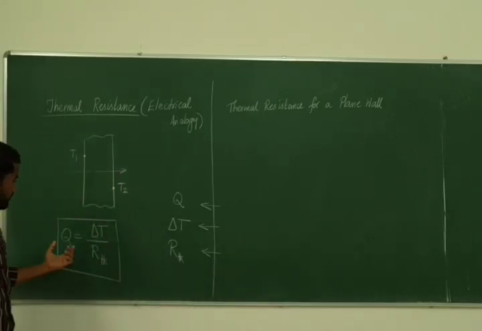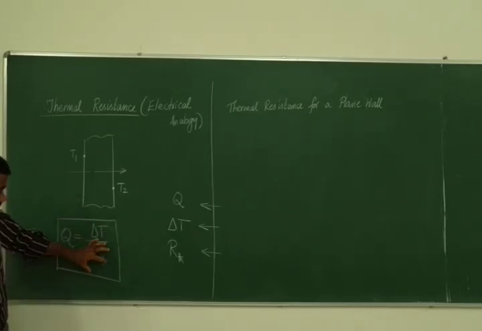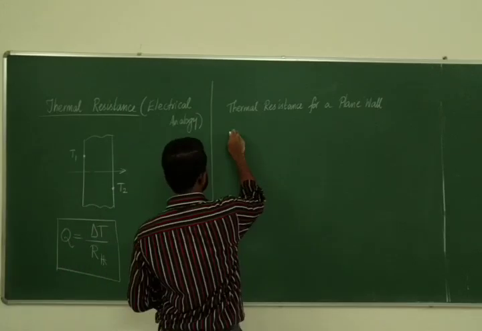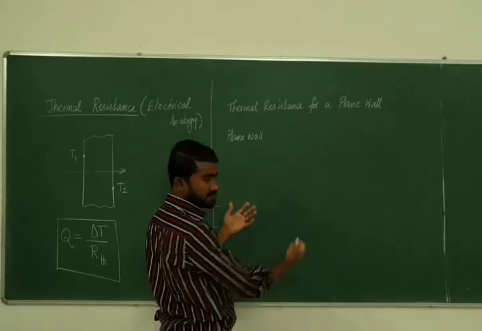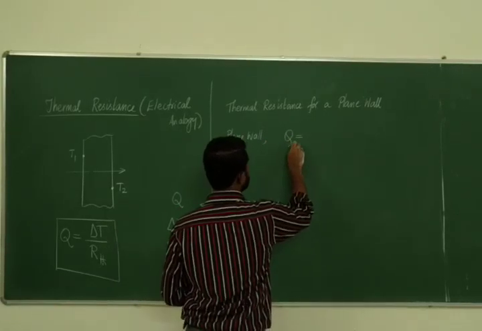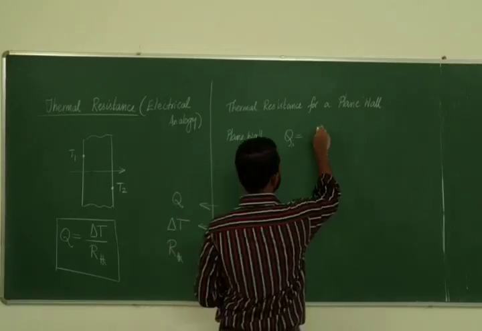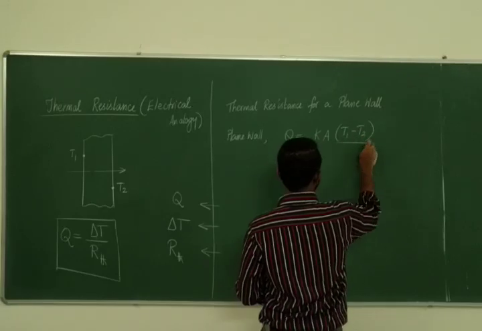The idea is to write the equation we derived earlier in this form, and then see what takes the place of R thermal. So for a plane wall, steady state, one dimensional, no heat generation, we derived that the heat transfer rate was given by kA(T1 minus T2) divided by L.